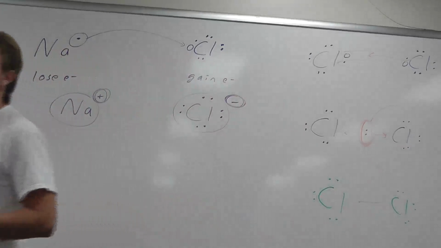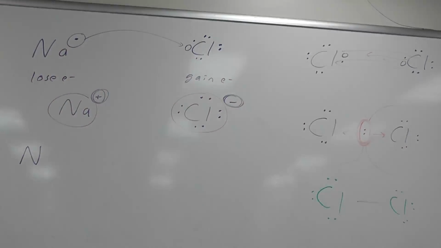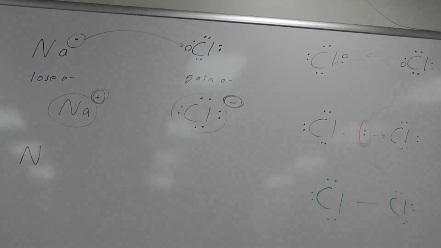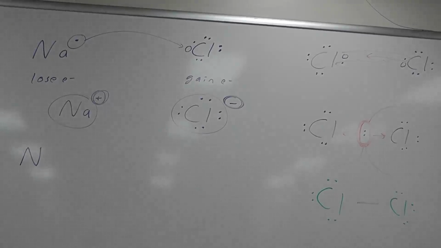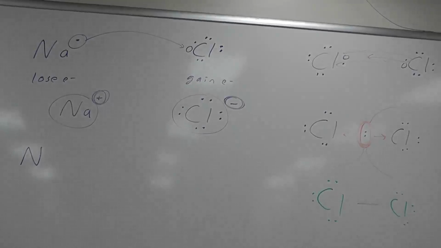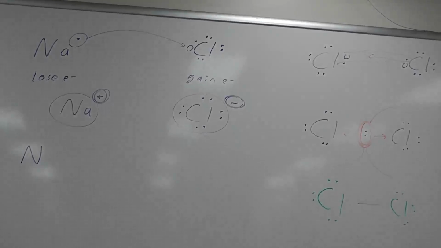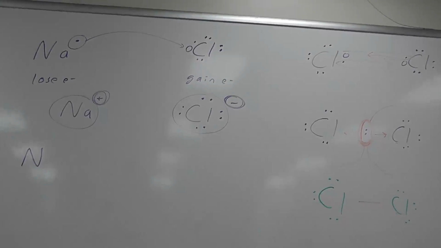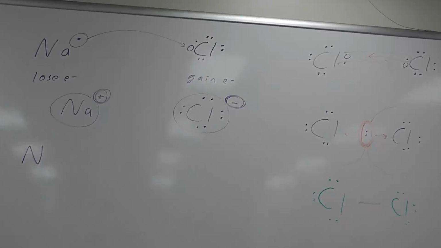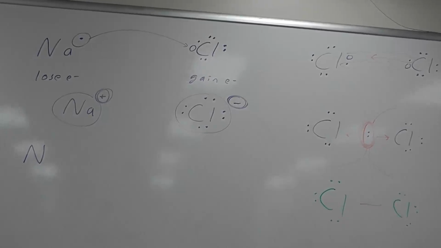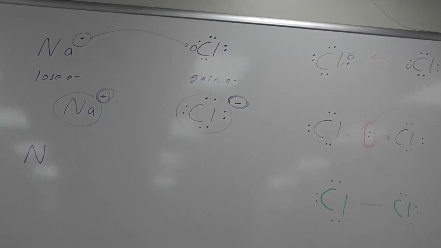So when you draw the overall Lewis structure, like what we've got at the bottom, the dots are electrons that are not bonding, and the line is electrons that are bonding. And that line counts toward both atoms. So dots and dashes are the way you draw these structures. Question so far?